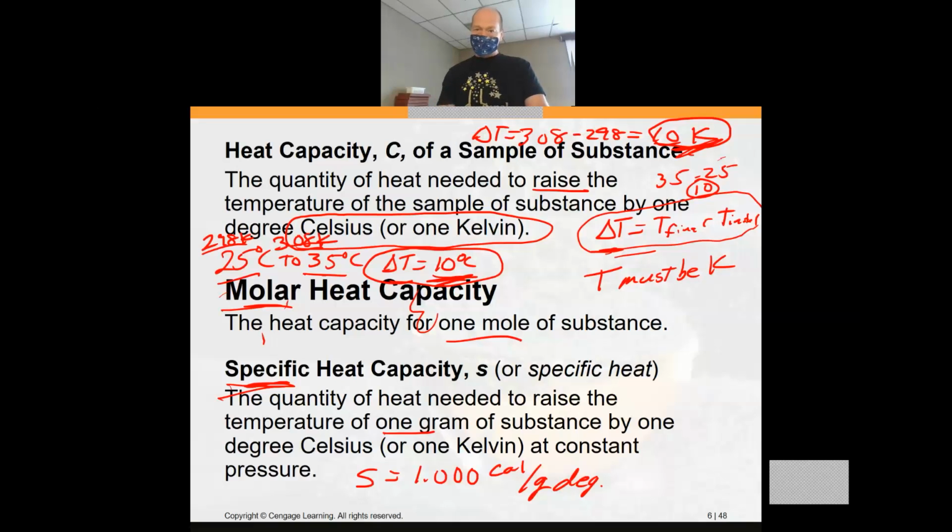Anytime you have just T in an equation, it must be in Kelvin. If you have a delta T in an equation, you can leave it in Celsius and get a delta T, or you can convert those both to Kelvin and get a delta T. Those numbers will be identical.